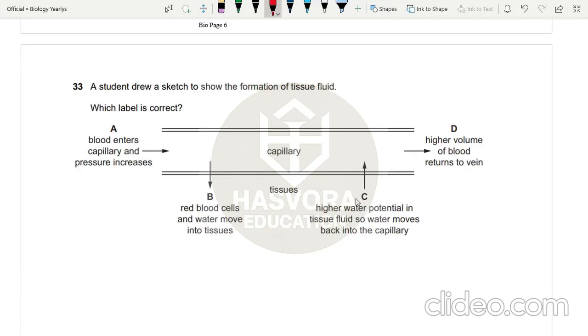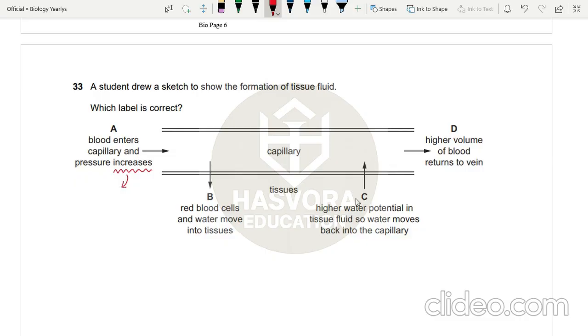Now the last question that we have is: a student drew a sketch to show the formation of tissue fluid. Which label is correct? We have to have a look at these labels. Option A says blood enters the capillary and the pressure increases. This is the point that invalidates this option. Why?